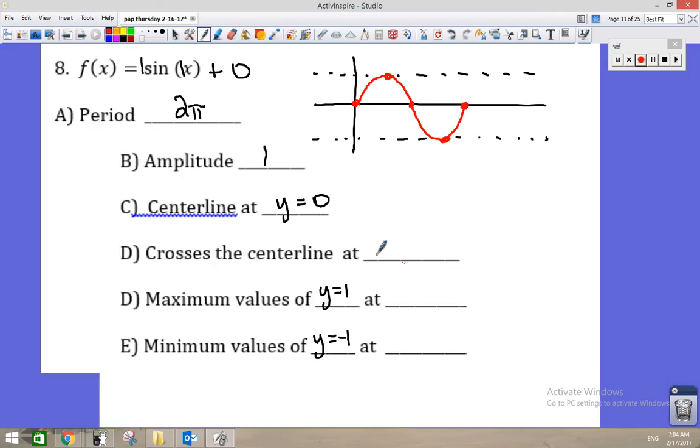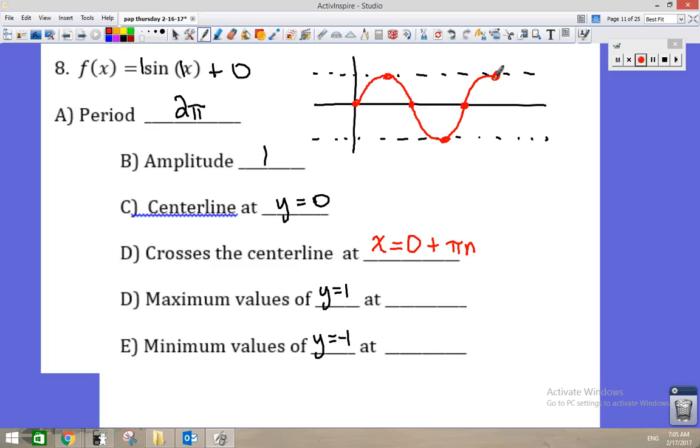It's crossing the center line here at 0, and half of the cycle away, half the period away, and half of 2 pi is pi, and at any integer multiple of that you'll be at the center line. For the maximum values, they're separated a full period apart.